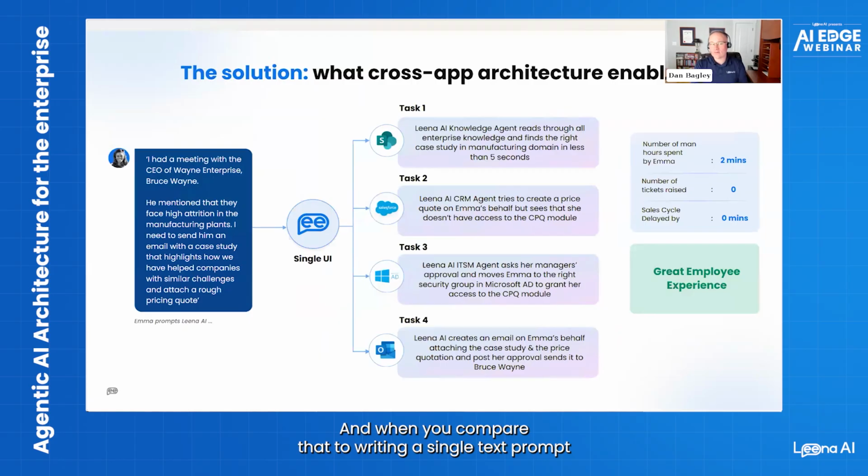And when you compare that to writing a single text prompt, I would like to create a quote and send it to a person, a properly orchestrated enterprise agentic system can access all four of those systems simultaneously. And instead of taking hours or days, an enterprise workflow like this takes minutes. And that's a massive amount of time savings when your employees have a single place to go inside of the enterprise in order to access these capabilities.